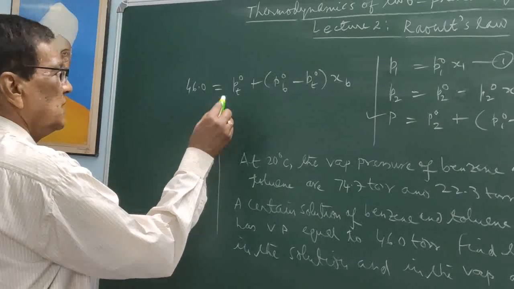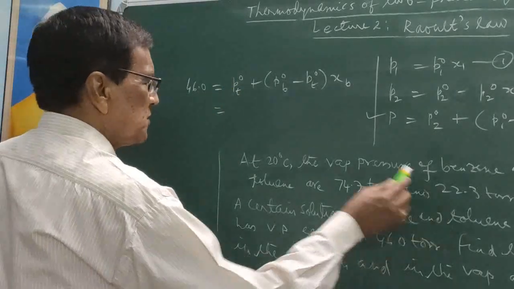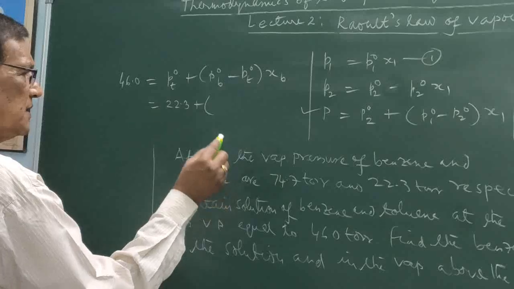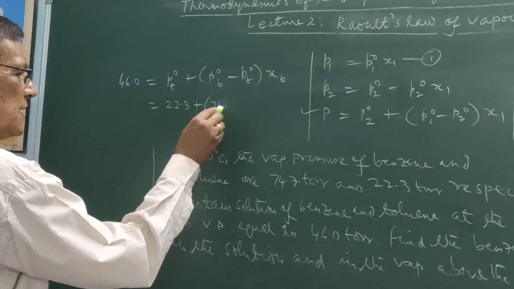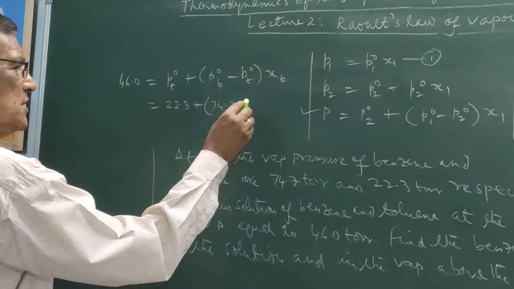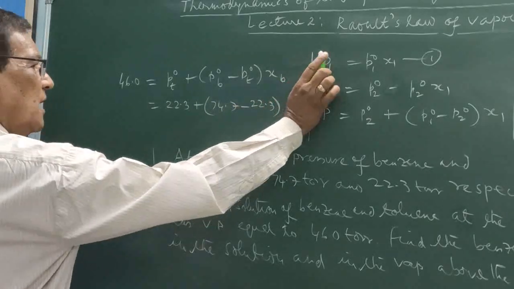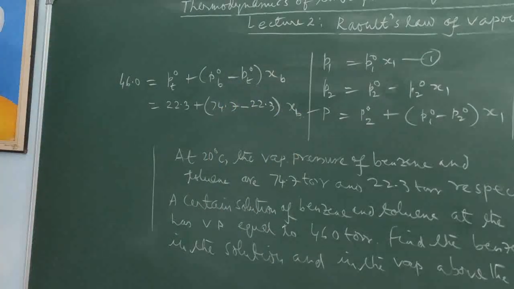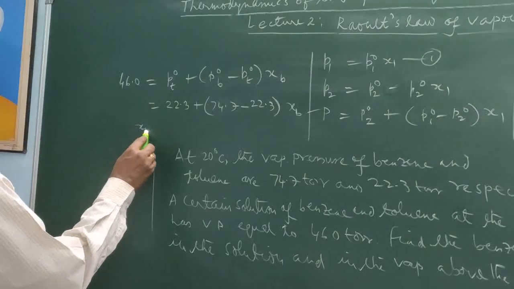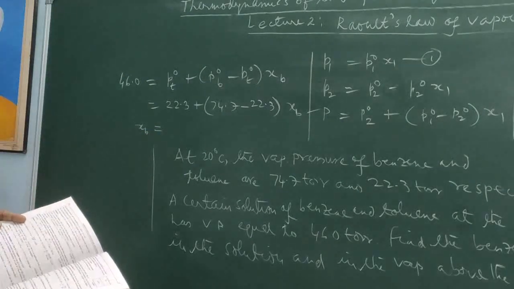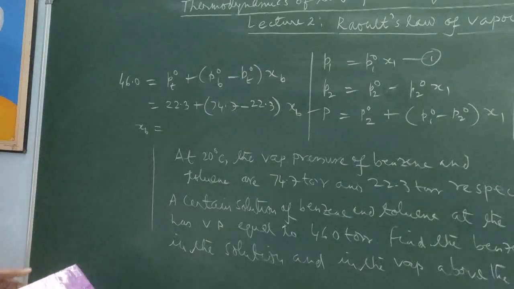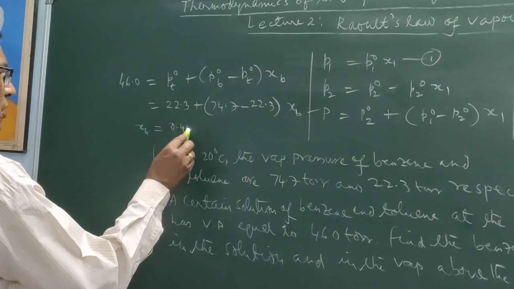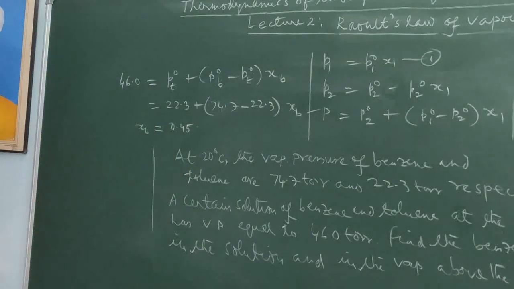So for toluene it is 22.3 plus, here it is 74.7 minus 22.3, into XB. XB is the mole fraction of benzene in the liquid phase. So you can calculate XB, and it will be 0.45.